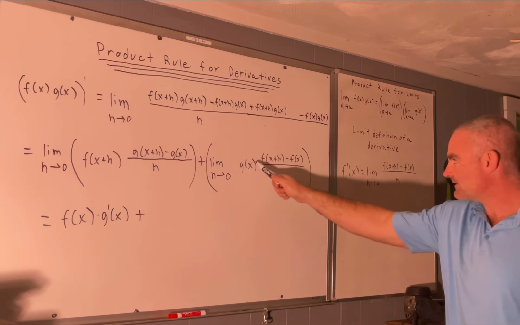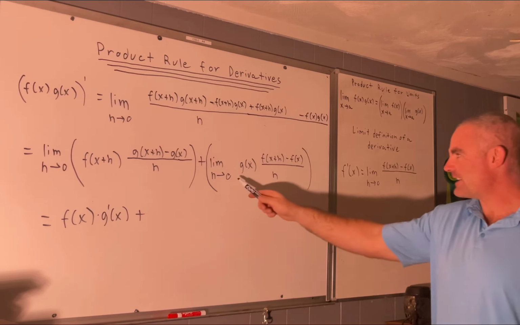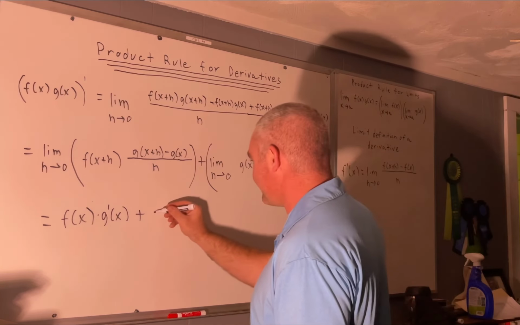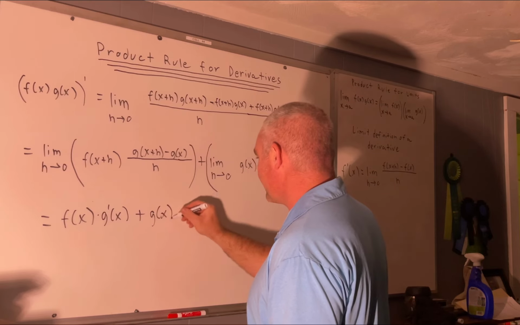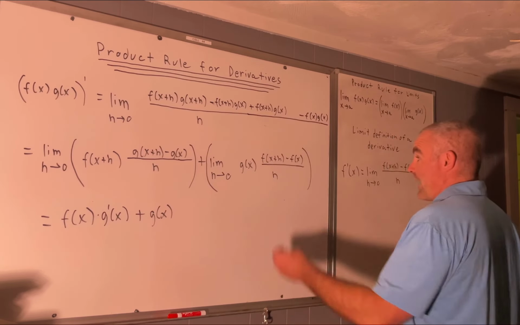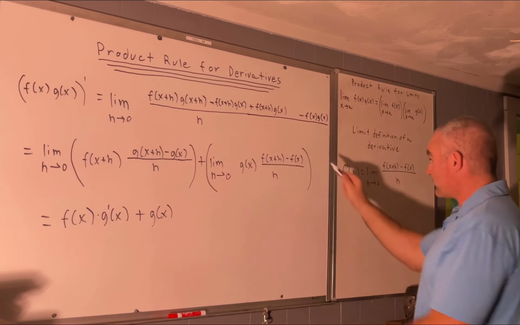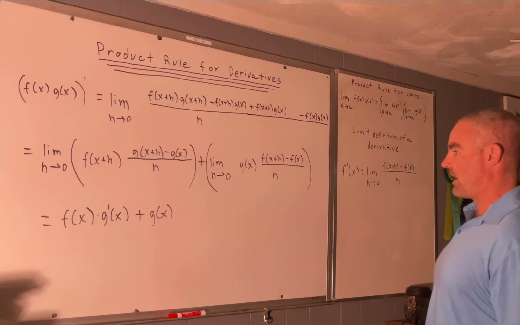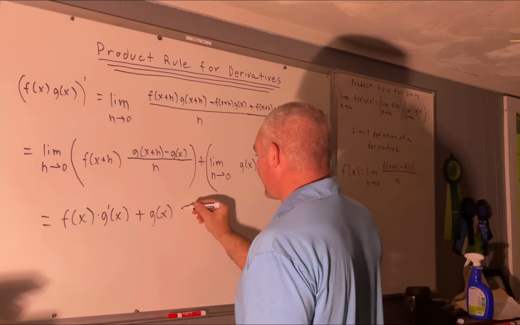Well, g of x does not depend on h, therefore h approaching 0 would be meaningless in it, and we'd simply be left with g of x, right? And then we would have times the limit as h approaches 0 of this thing. Well, that is nothing but the limit definition of f prime of x. And there we have it.